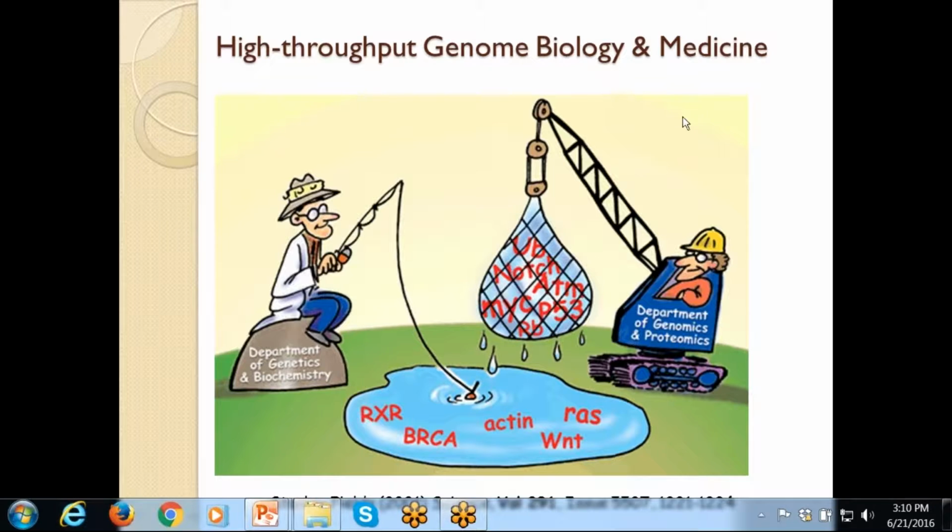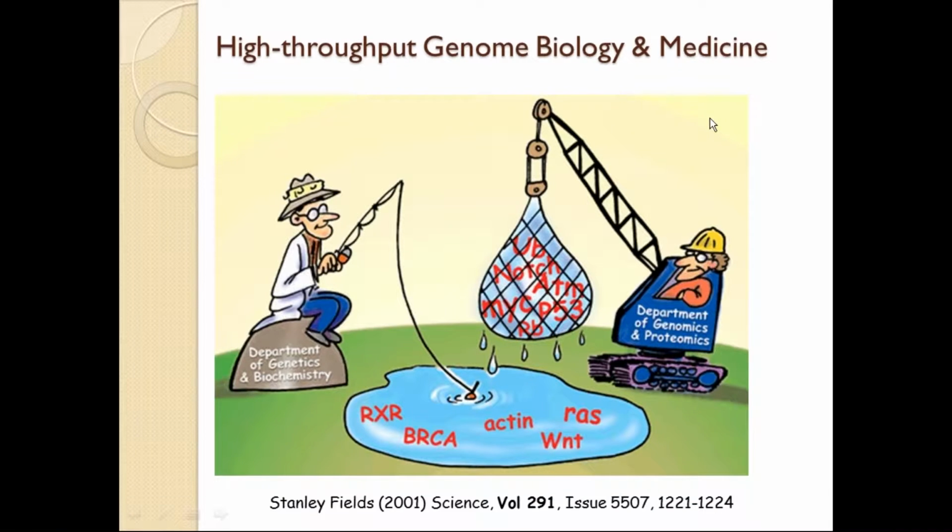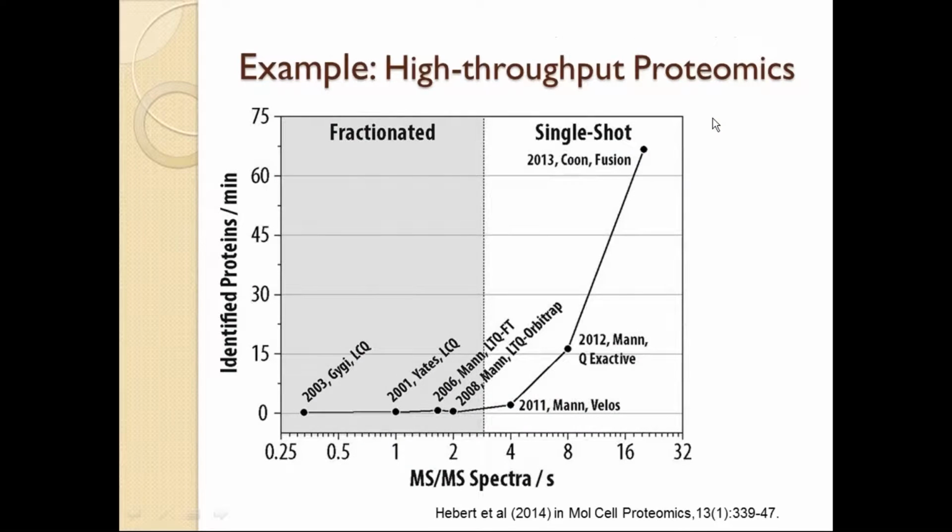Just take one example. In proteomics, people are thinking about proteomics as having some mass spectrometer or some gels, and then you take the proteins and run them through the gels, several dimensions, and then you carve out the spot. That's the old type.